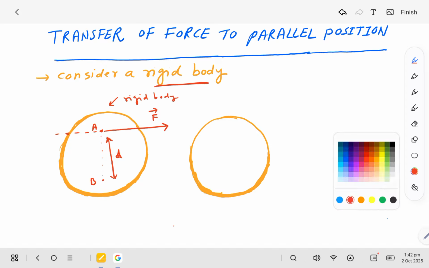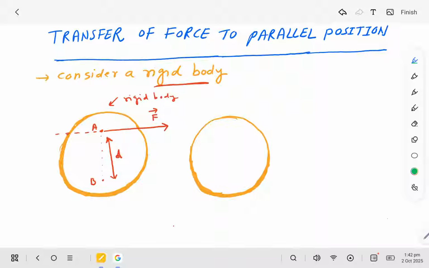Now if you want to transfer this force which is acting at point A to point B, then what is the mechanism?